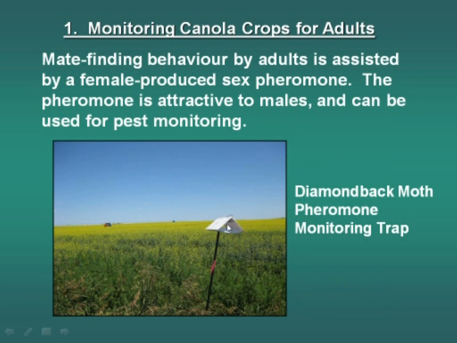This is the standard pheromone monitoring trap for diamondback moth, and it has a central portion which contains a rubber piece that has pheromone impregnated on it, and it is attractive to males and used for monitoring. By taking the trap open and counting the number of males, it gives an indication of how many moths are in a given area.